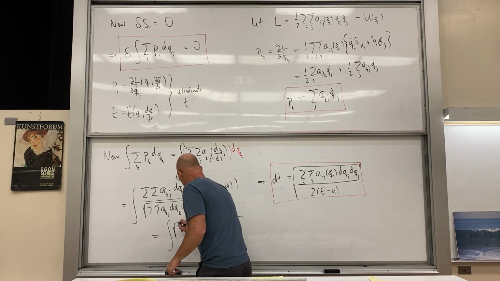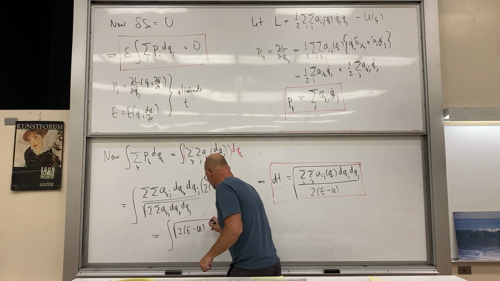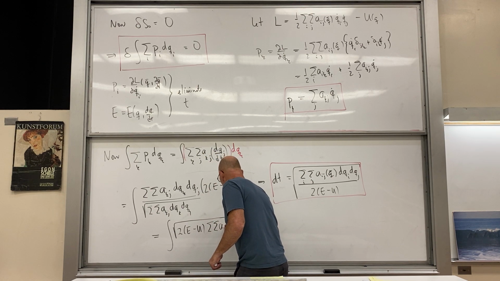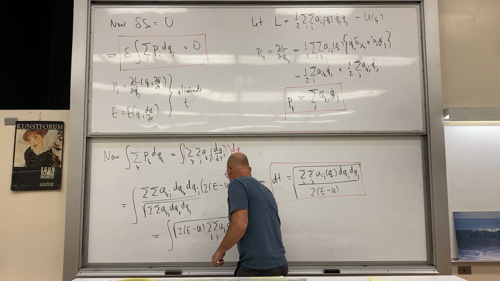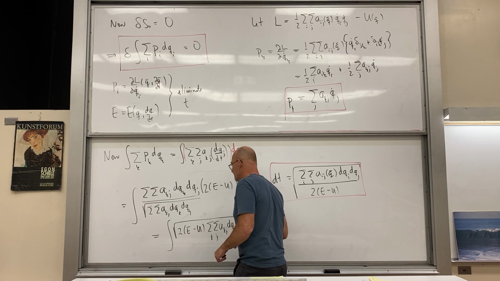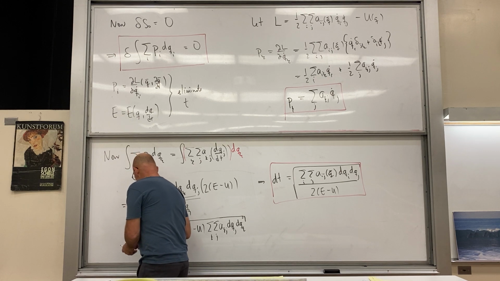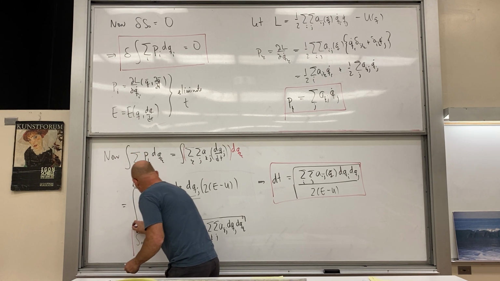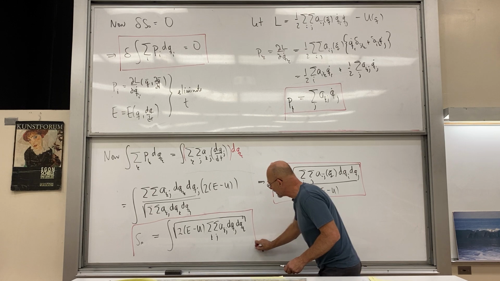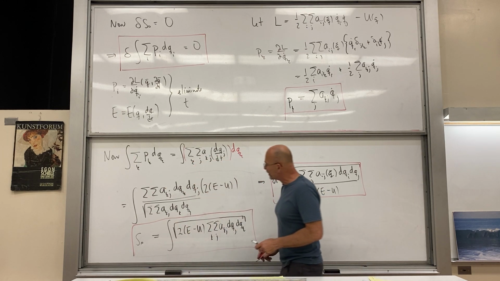And I'll put everything under the square root. We've got 2(E minus U) double sum a_kj, sum over k and j, dq_j, just keep the order nice, dq_k. Everything under the square root. So this is our S sub 0. This is our abbreviated action.